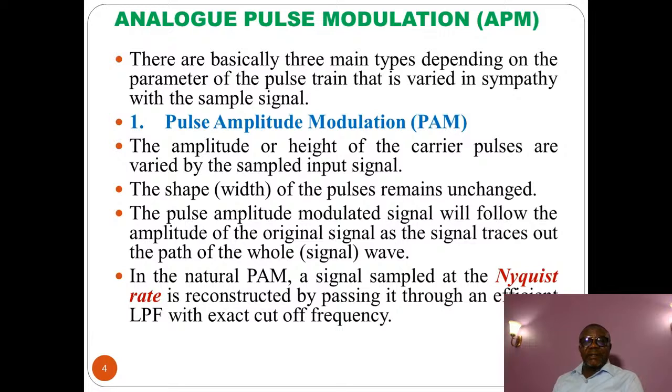In the natural pulse amplitude modulation, a signal sampled at the Nyquist rate, which we had mentioned during our lecture on sampling, is reconstructed by passing it through an efficient low-pass filter with exact cutoff frequency.